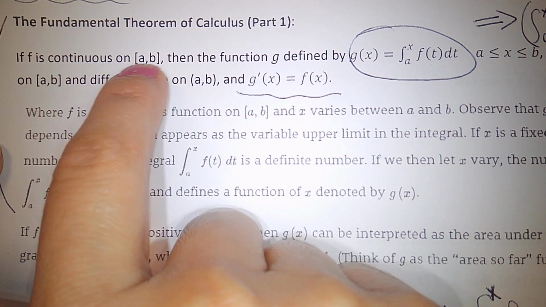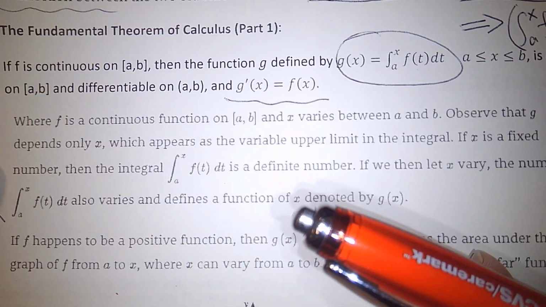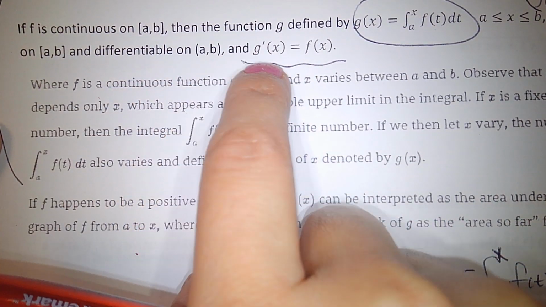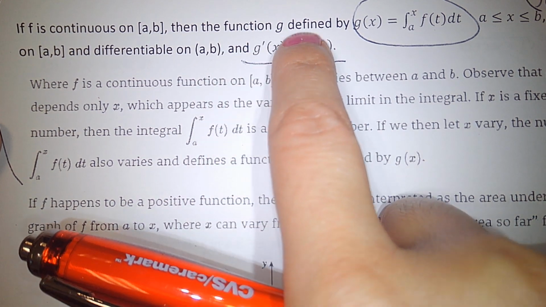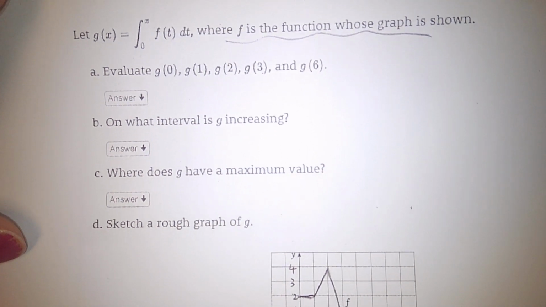But f is continuous. And then g is what? G will be continuous and differentiable on a to b. Then we differentiate g. We're not differentiating f. Sorry, silly question. Yeah, very good. I think your question is very good.